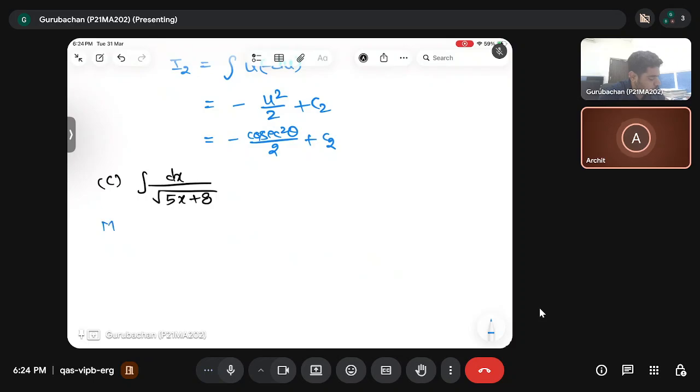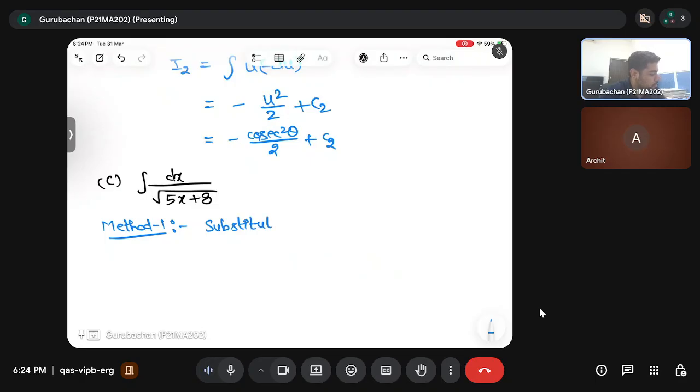Sir, we can take 5x plus 8 as u. So the simpler thing is, first of all, why do we need to substitute here? Can't we directly integrate? Tell me. See, similar to differentiation, here it is not just under root x.